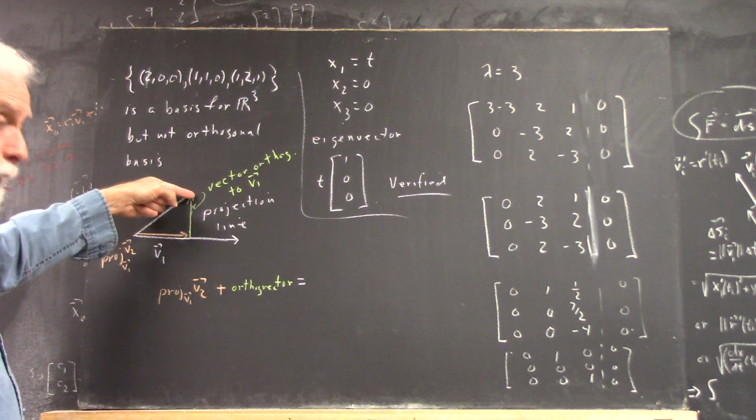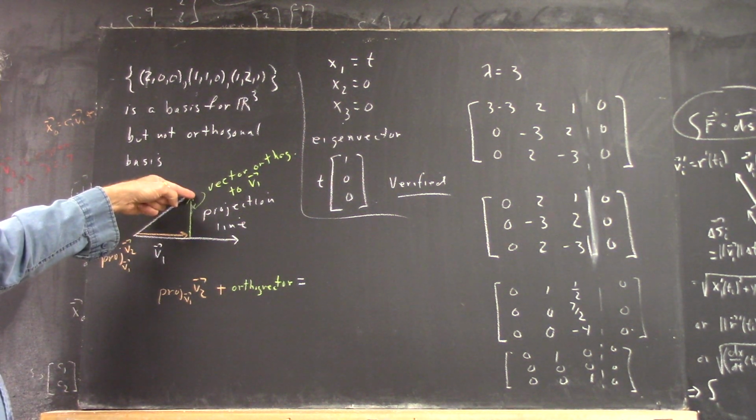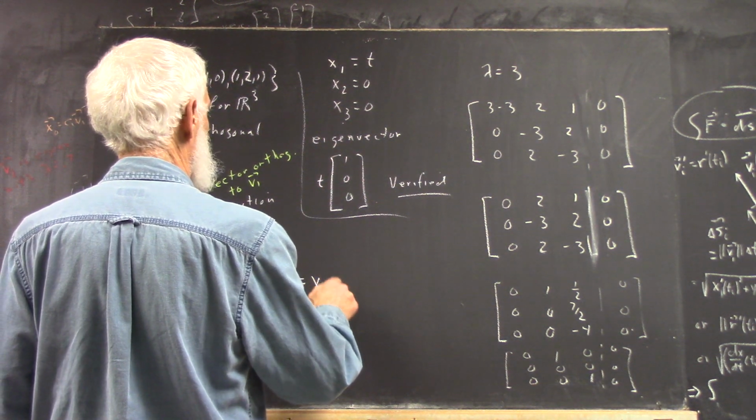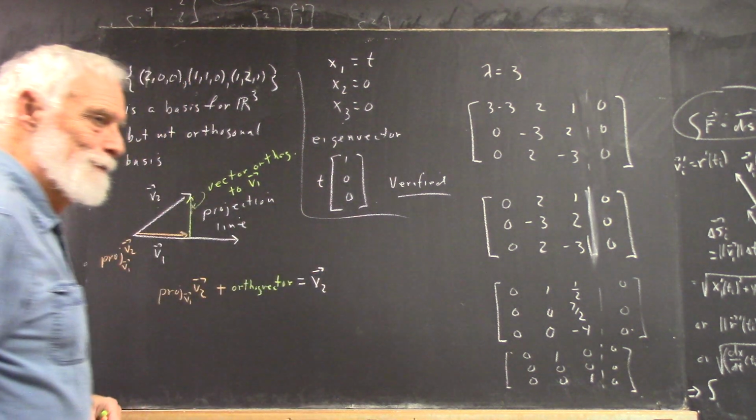This vector plus this vector equals what? V2. V2. Yeah, I know what you said now. You said 1, 1. Couldn't hear it.